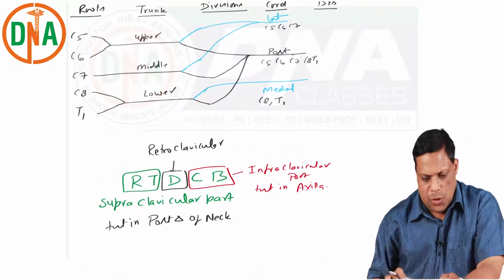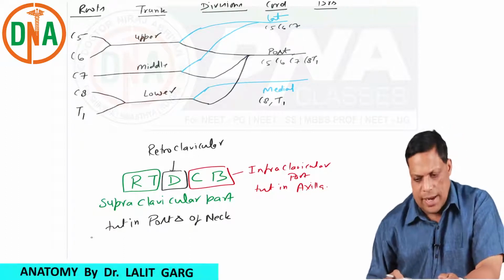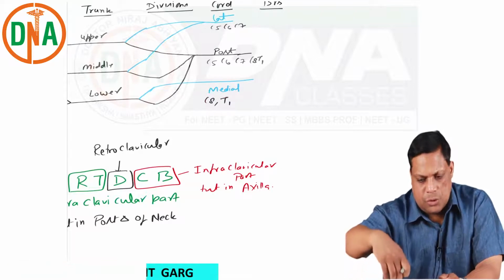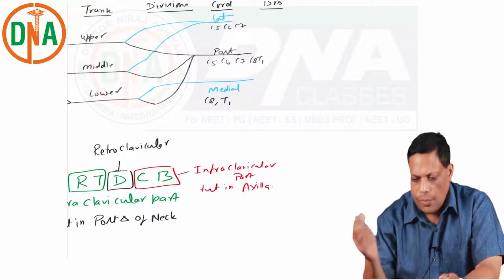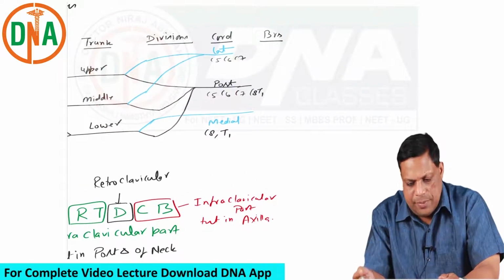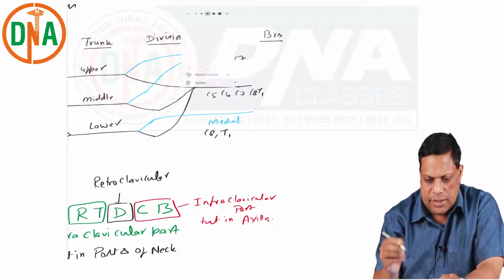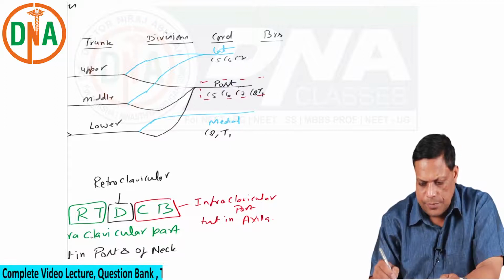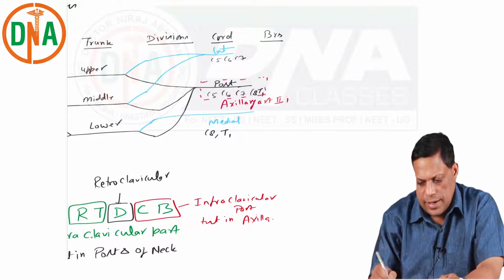Now the next point, the trunks are upper, middle and lower because they are coming from the neck. But the cords are lateral, medial and posterior. So on what grounds these cords are named as lateral, medial, posterior? This posterior cord is in relation to the axillary artery, second part.